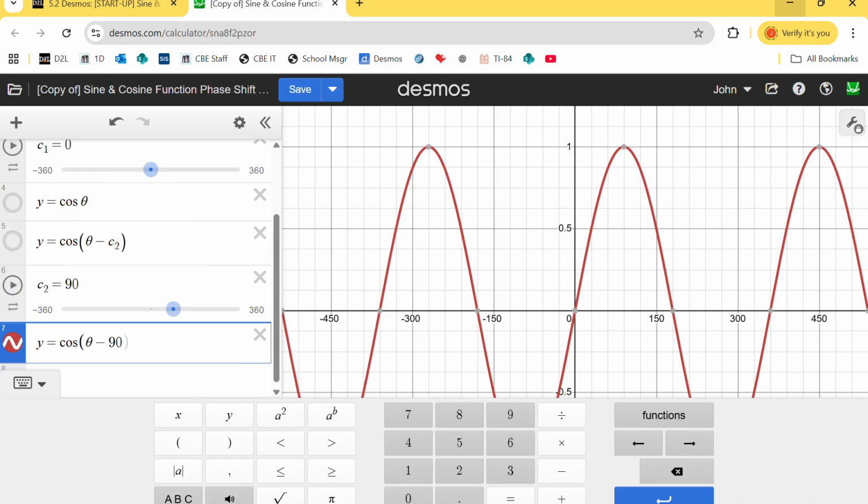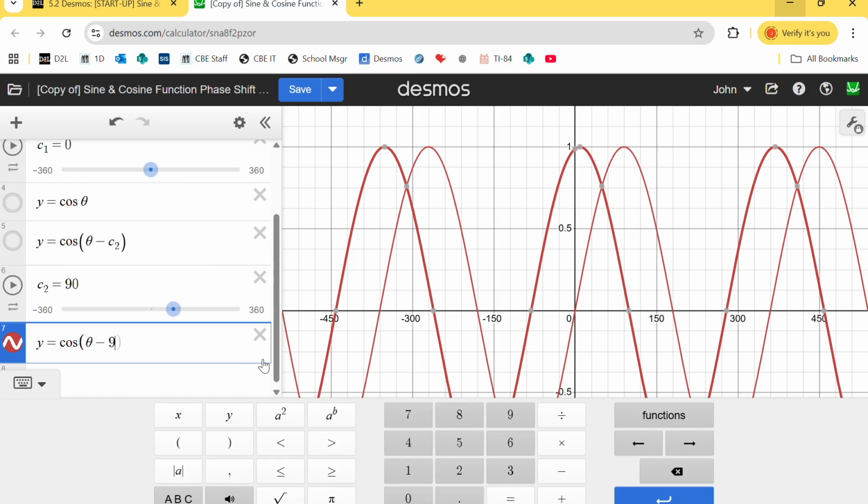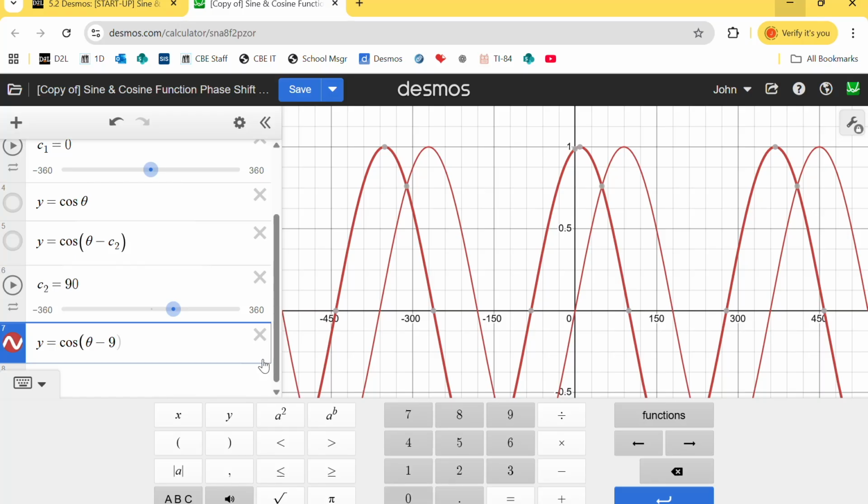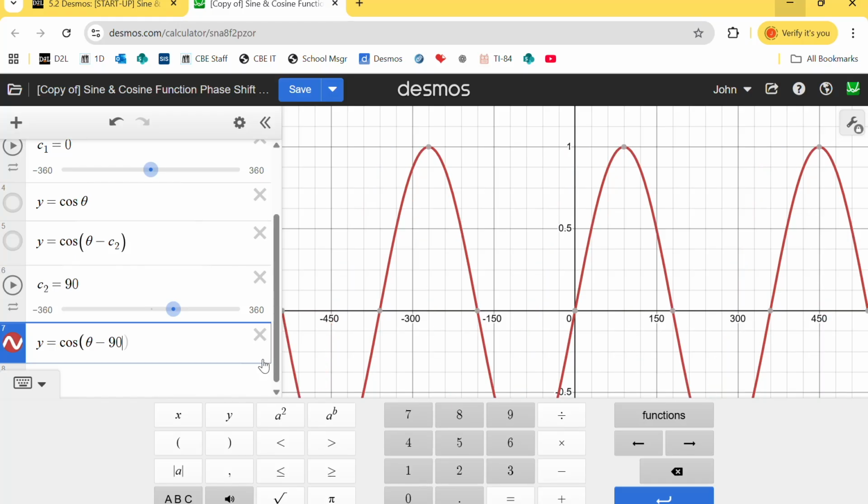Okay, so before I did that, watch this. So there's the cosine by itself, that's cosine of theta. Once I do 90, now it matches the sine graph. So it's out of phase by 90, so I have to say cosine of theta minus 90 degrees to write the equivalent cosine function that matches the sine function. Okay?